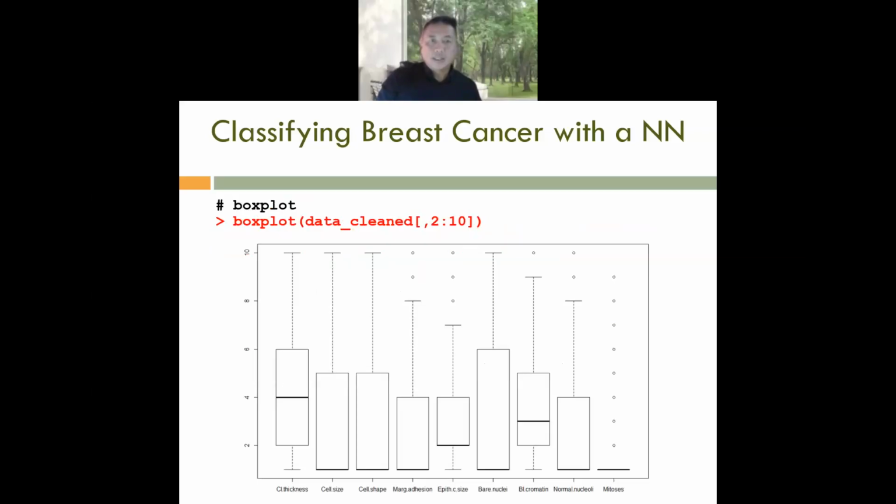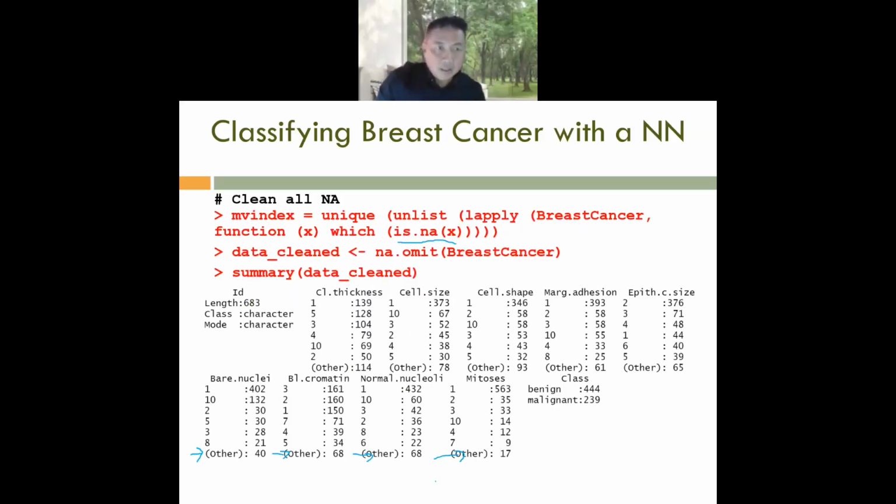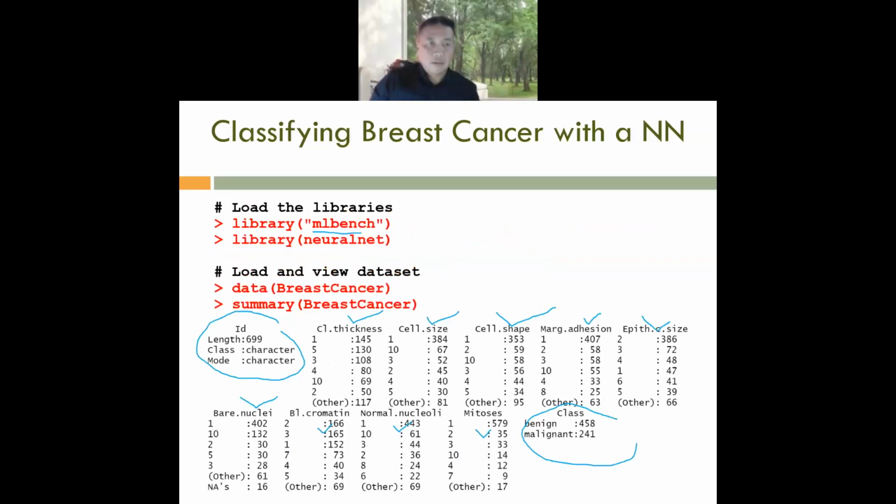So we also look at the clean data. Here we are looking at the breast cancer data, and we will omit all the NA. This is the summary of what we have.